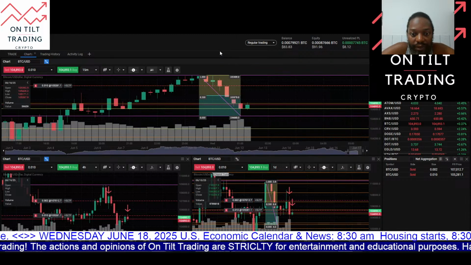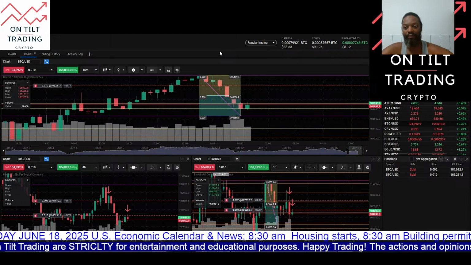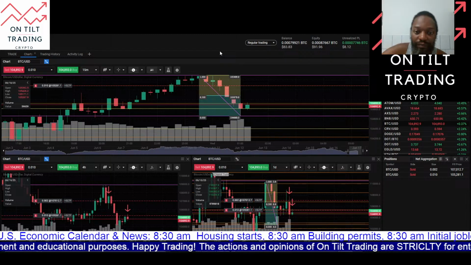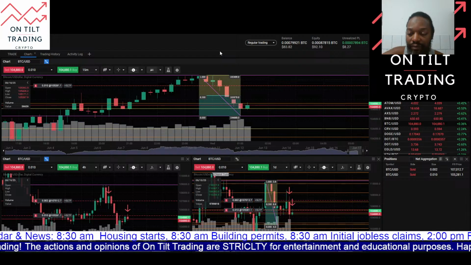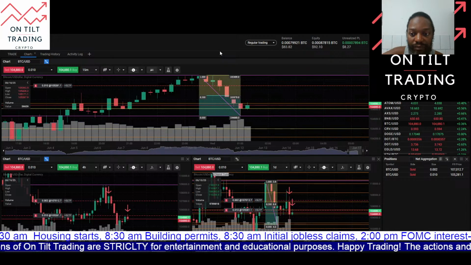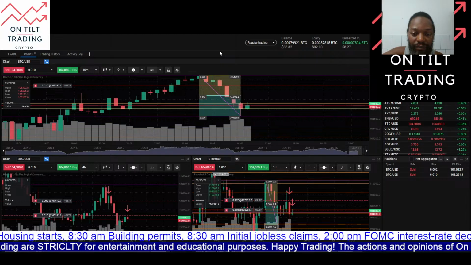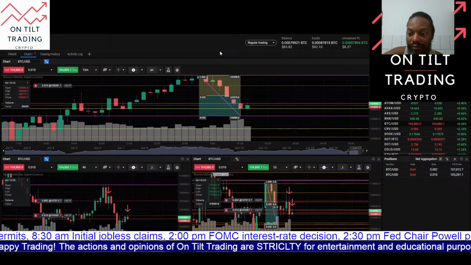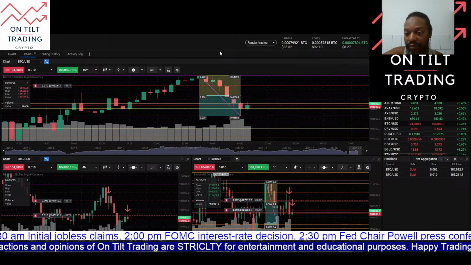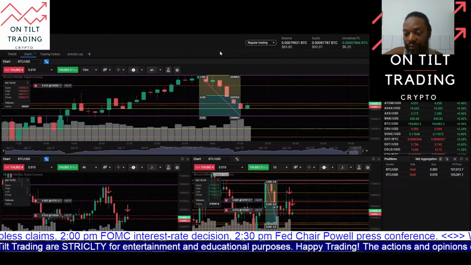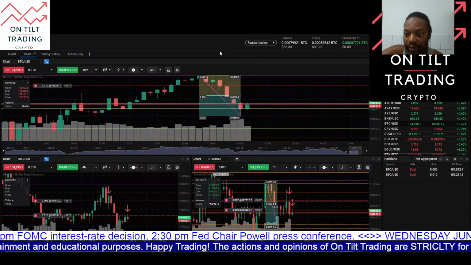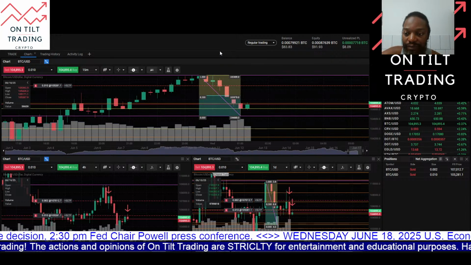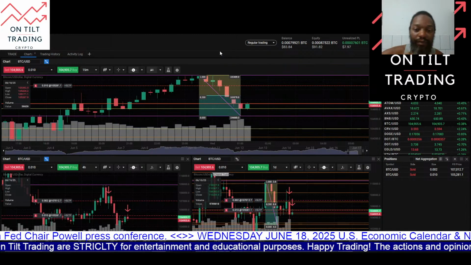Still consolidating here. Further consolidation at the 104,900 level. Now price trading above it.